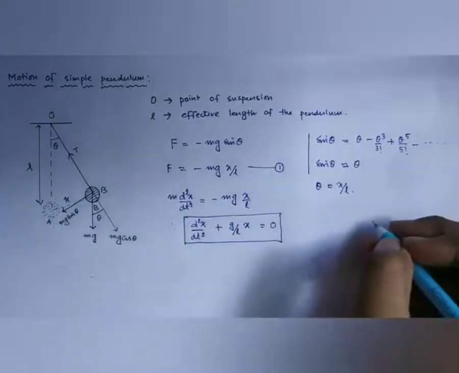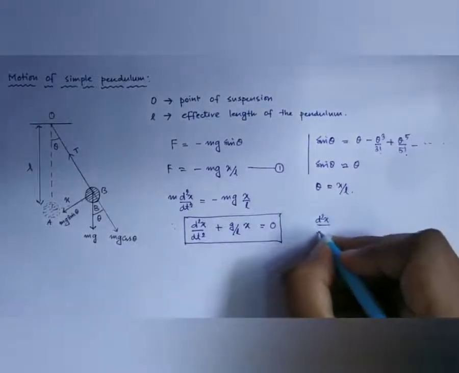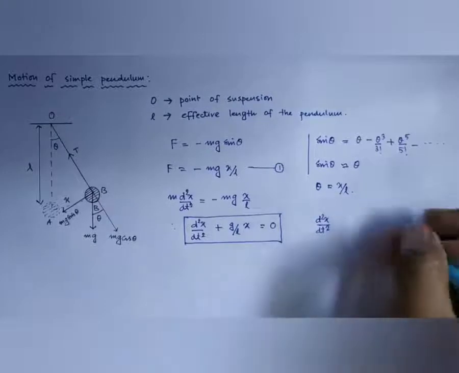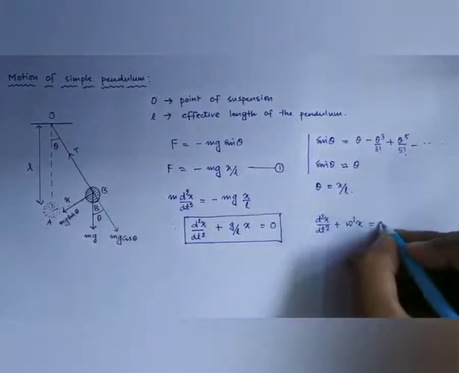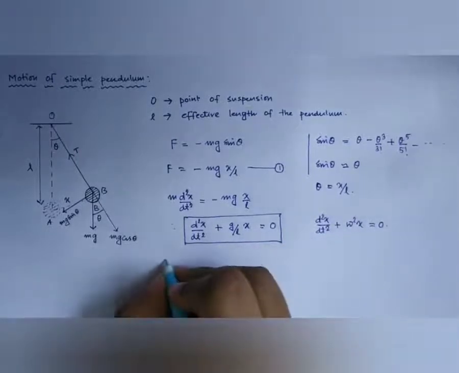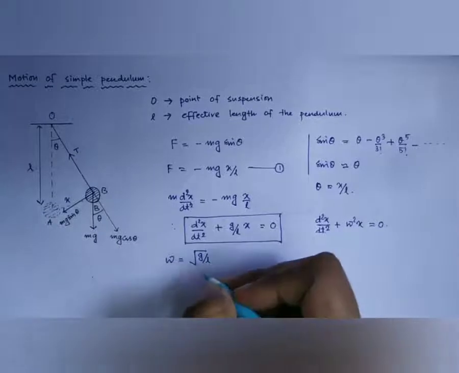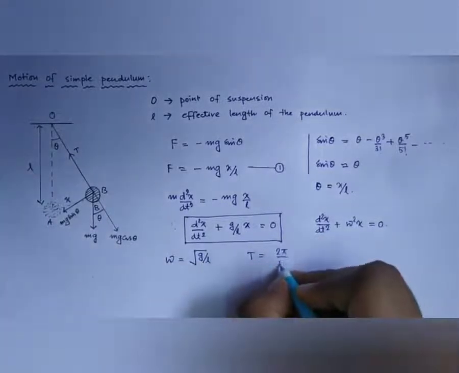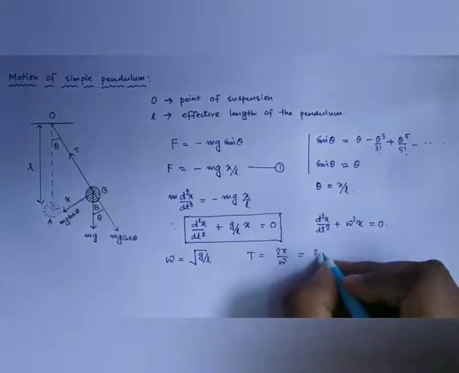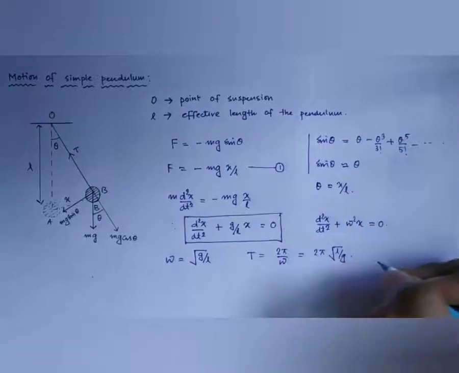Now just comparing with the standard equation of simple harmonic motion that we have discussed in our earlier lectures, d2x/dt2 plus omega square x equal to 0, we may say that omega is root over g by L, and the time period, we know that T equal to 2 pi by omega, that is 2 pi root over L by g.